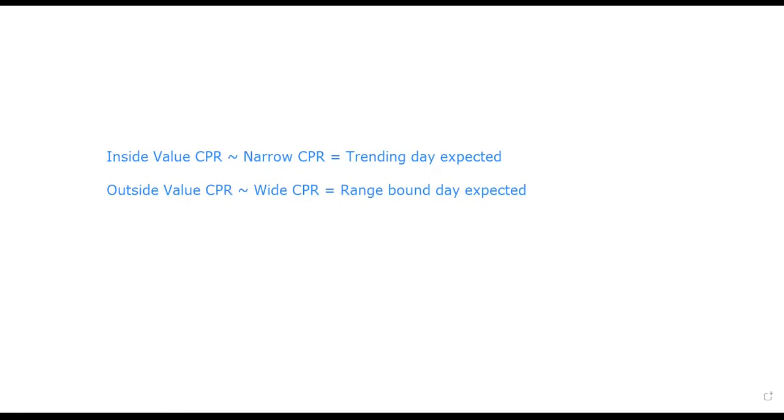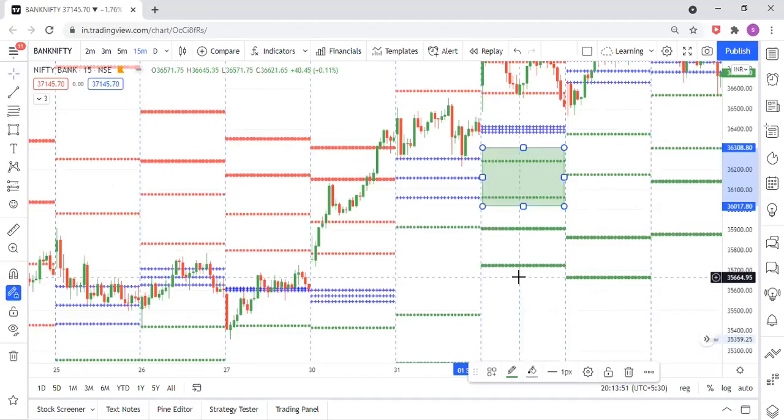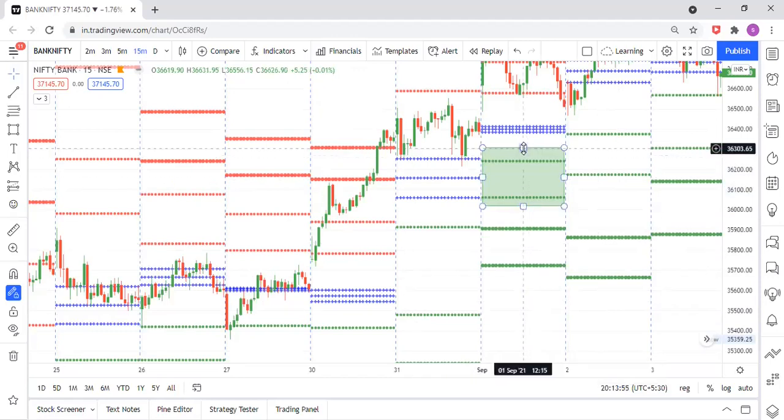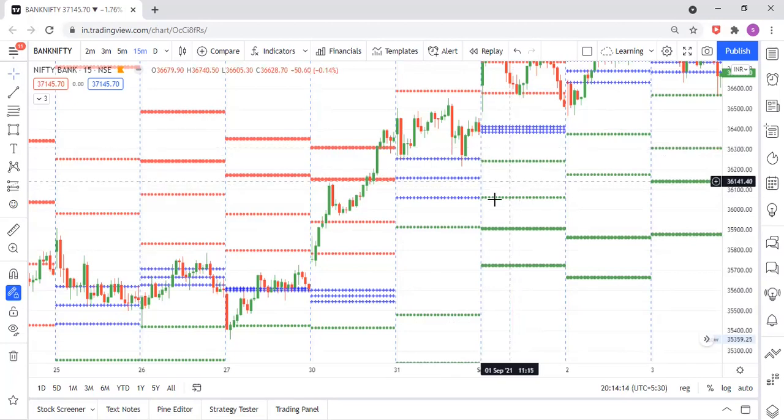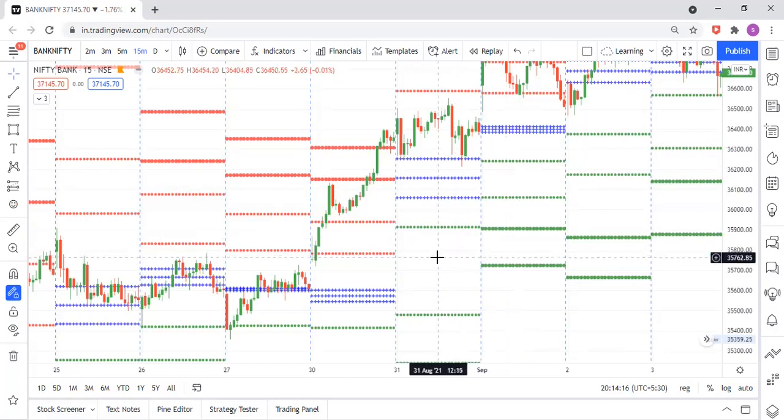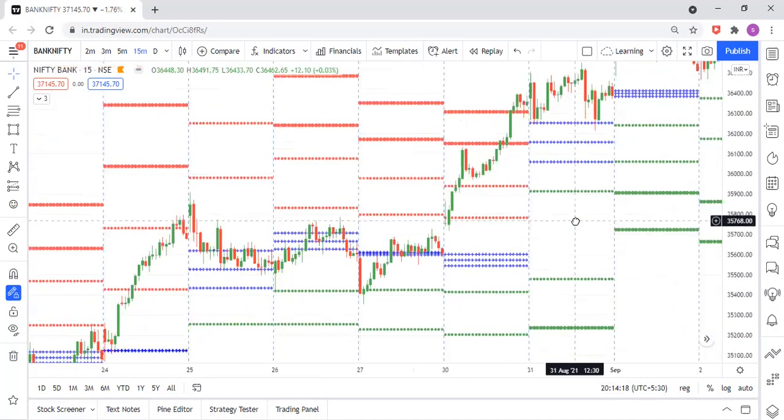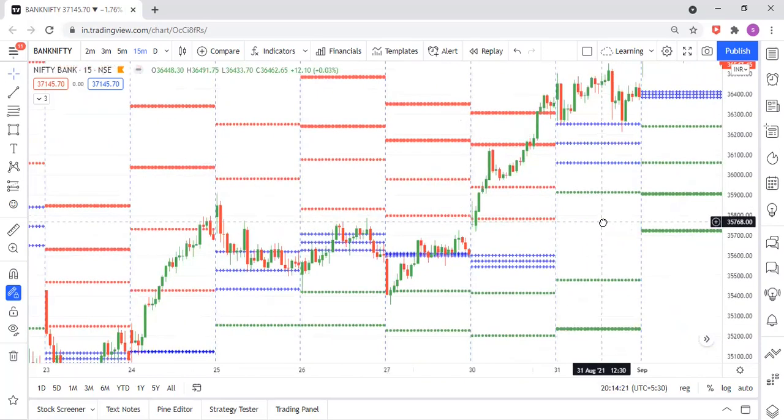Any tricks on CPR, or for that matter any indicators, work only with some good probability. We cannot say that 100% of the time it works, but maybe a little more than 50% of the time it works, and that is the observation, that's the general consensus we have with respect to the CPR tricks.